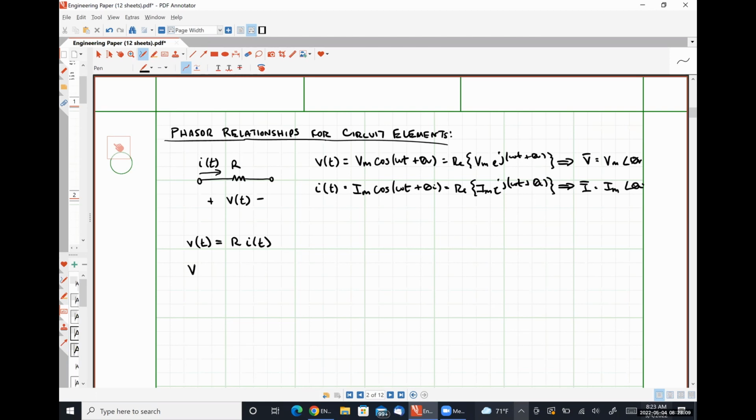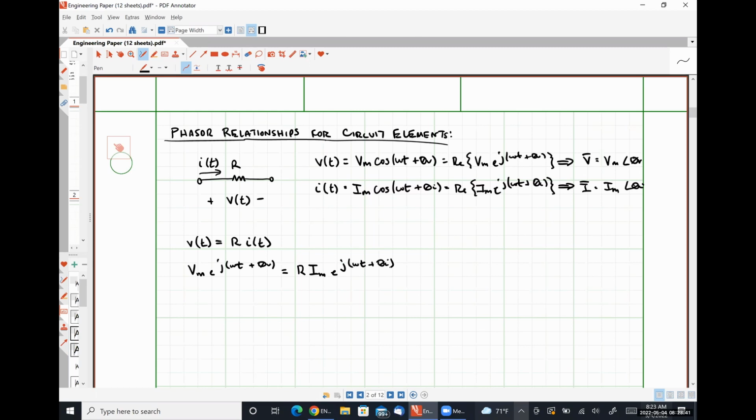So that means that we can say Vm e to the j omega t plus theta v is equal to R times Im e to the j omega t plus theta I. Simply directly substituting in our mixed domain relationships here.